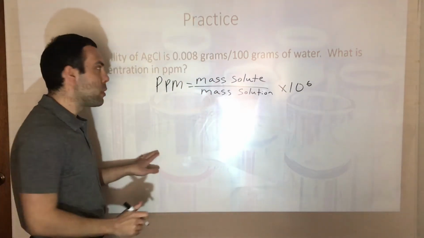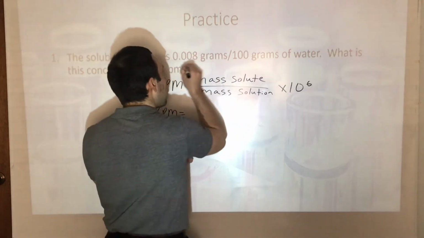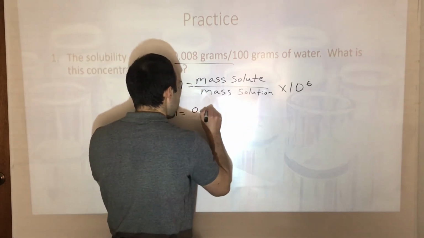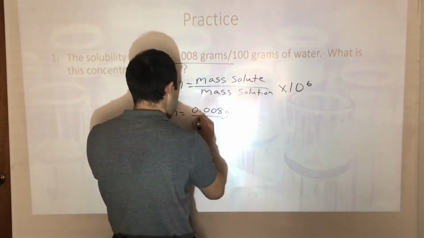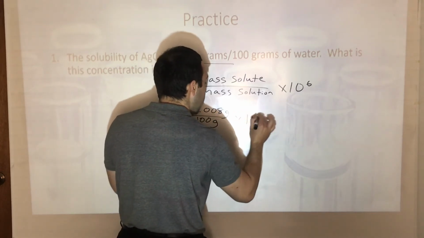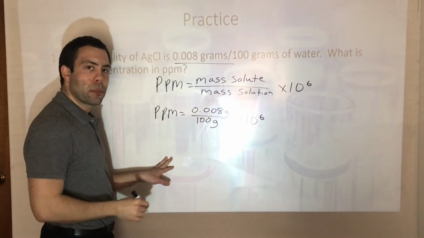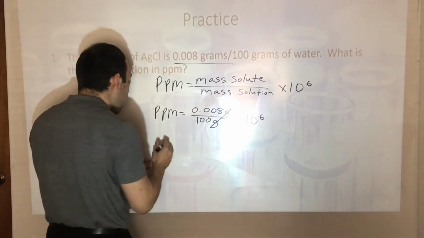I plug in my numbers. ppm equals 0.008 grams over the solution, 100 grams, times 10 to the 6th. Grams and grams cancel out. Our unit will be ppm, parts per million.